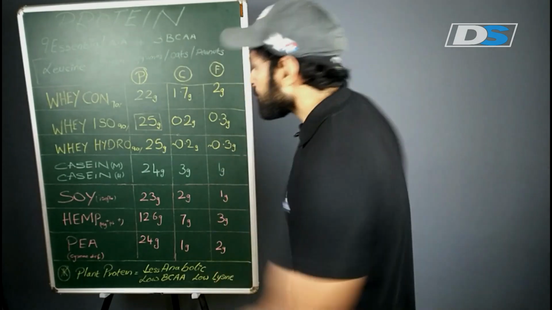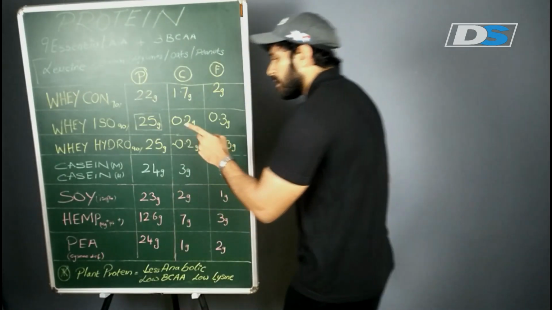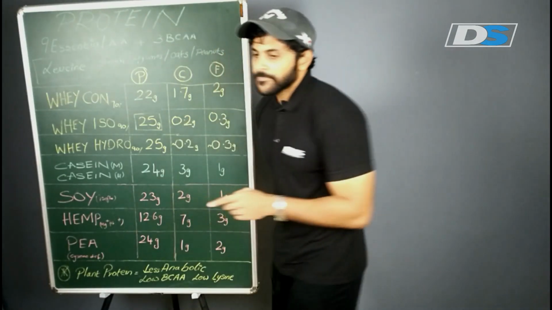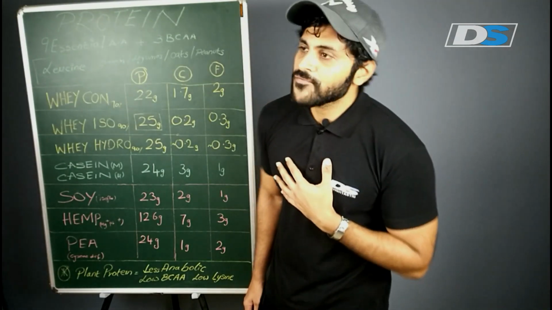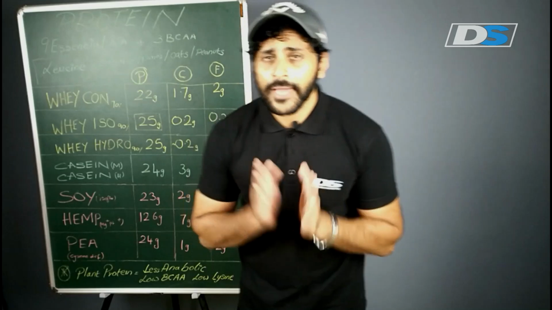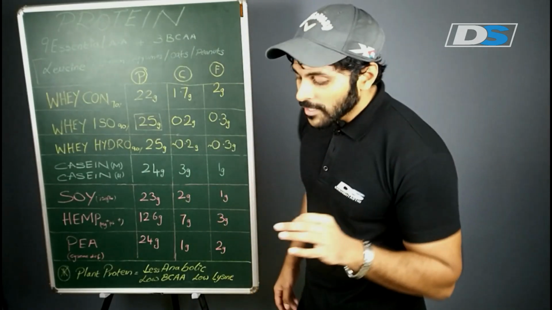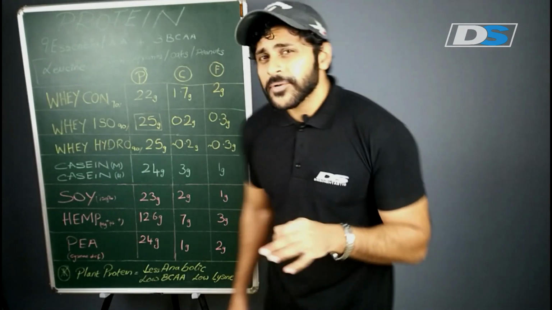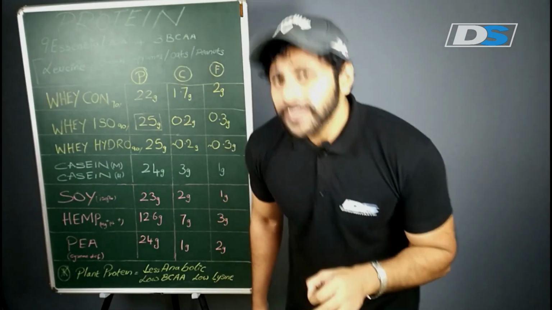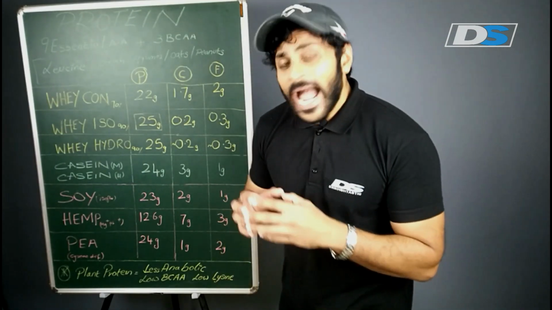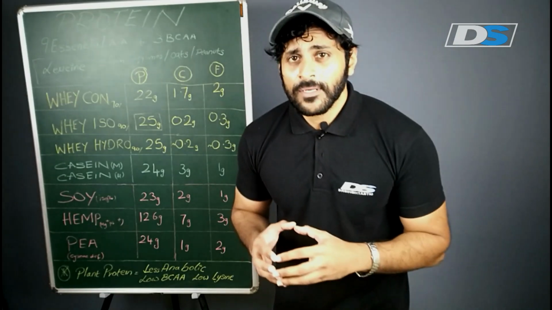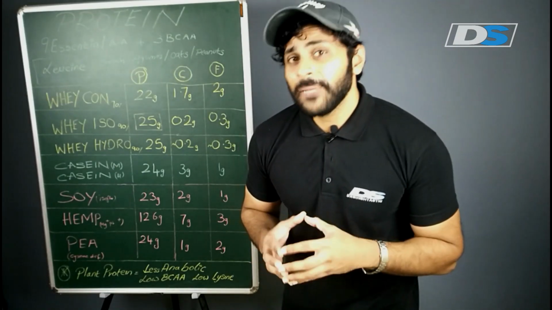Let's break it down. Soy protein. The problem with soy protein is, I don't recommend this personally. If you're my client, you already know I have always advocated against using soy products because it has a certain profile to it. It has certain ingredients in it that act on an estrogen receptor. Now, if you know, estrogen is a female hormone.